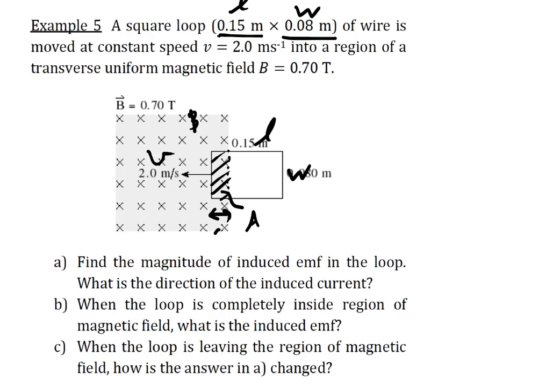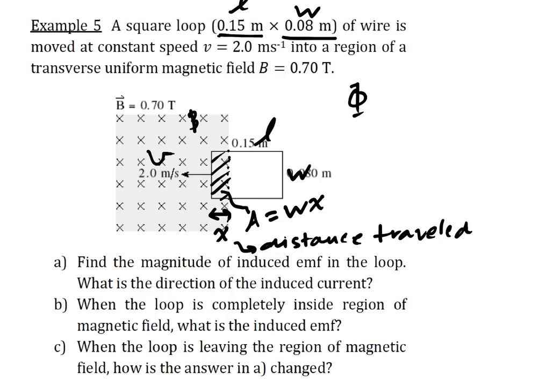So if I define the distance x as the distance traveled by the loop, here, the area that the magnetic field is passing through will become W times x. Okay. And the magnetic flux, so this will be the magnetic field times the area, or the magnetic field times Wx. Okay.